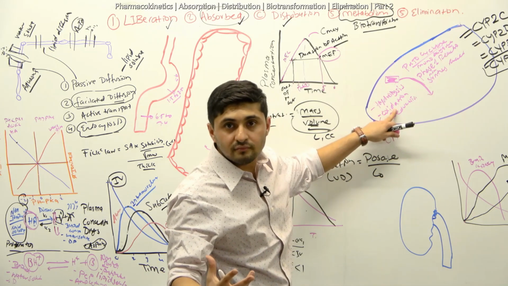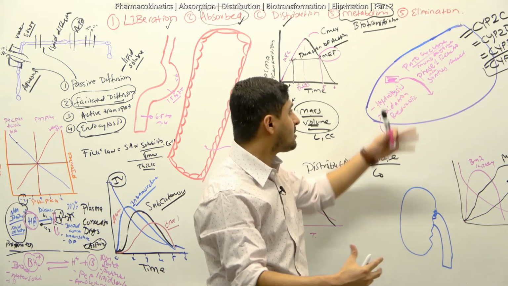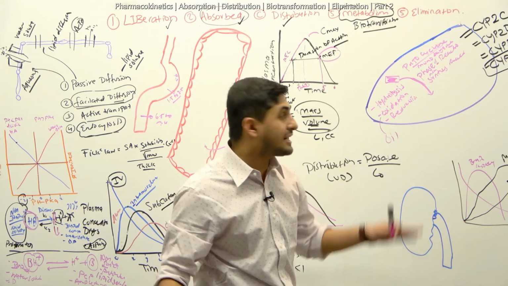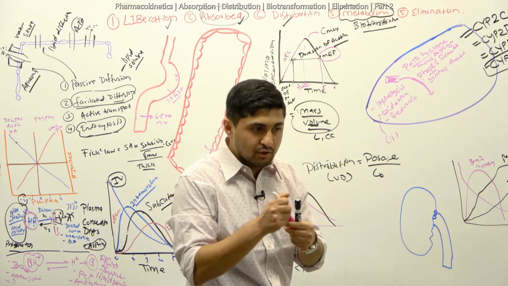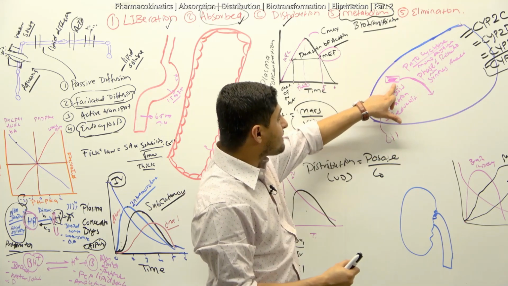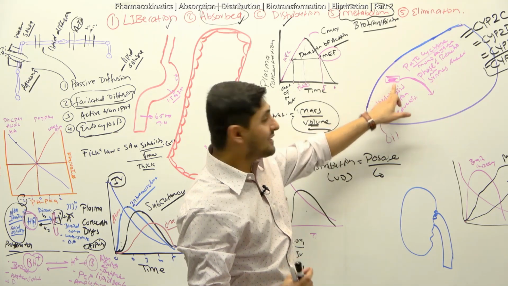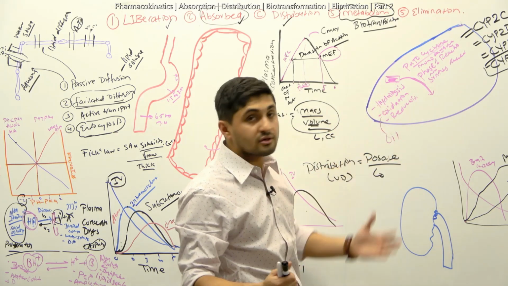So that's what oxidation does. You're adding water to this compound to make it more water soluble. Water soluble compounds are what? Polarly charged compounds. Or you're unmasking the polar part of this drug. That is what oxidations, reductions, and hydrolysis basically mean.